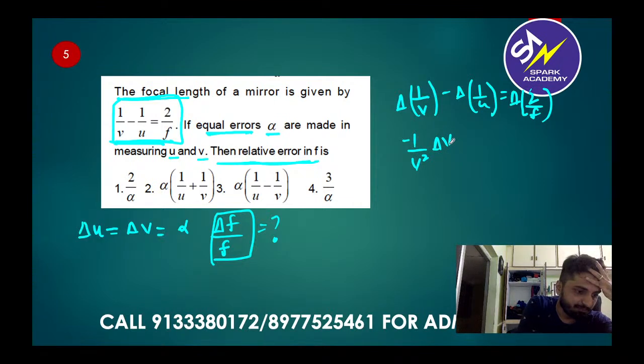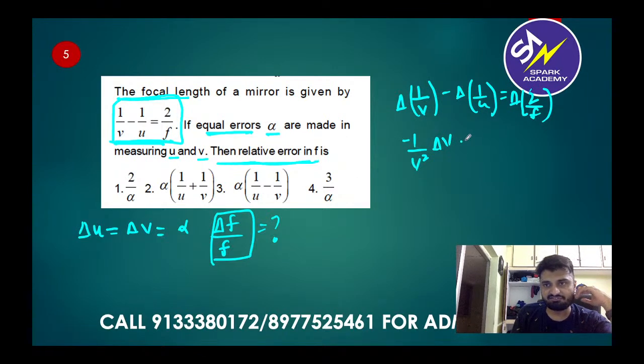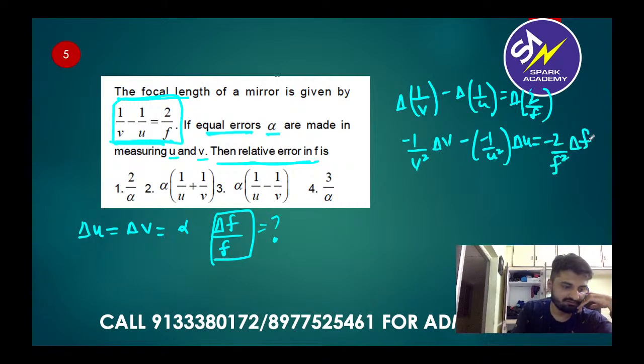And what else can we write after this? You can write delta of 1 by U is minus 1 by U square delta U. And what is 2 by F? Minus 2 by F square delta F. Correct? Everybody? All of you know?